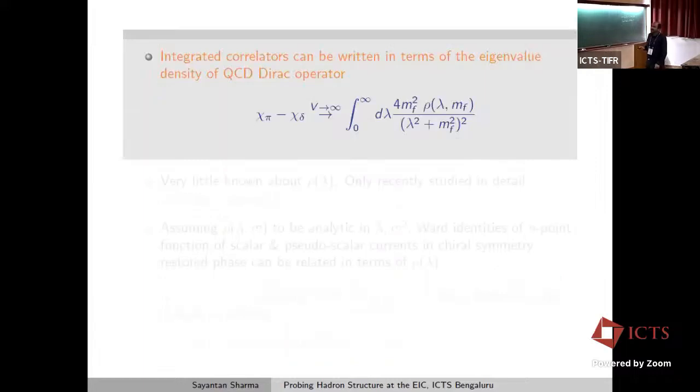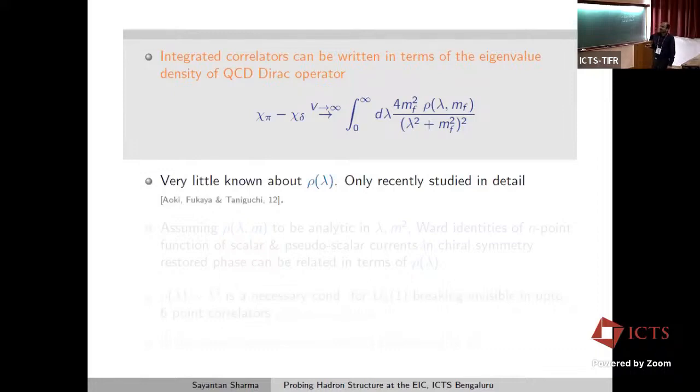Now, another way to measure these kinds of hadronic correlators or the difference of them is from the eigenvalue density of the Dirac operator. So here I write this difference in the integrated correlators in terms of the density of the eigenvalues of the Dirac operator divided by the eigenvalue squared plus the light quark mass squared.